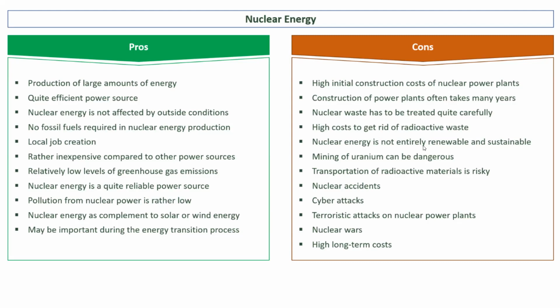Depending on who you're talking about, obviously the argument could differ, but generally the most cited example for why nuclear energy is bad is examples like the Tokyo, or not Tokyo, Japan.